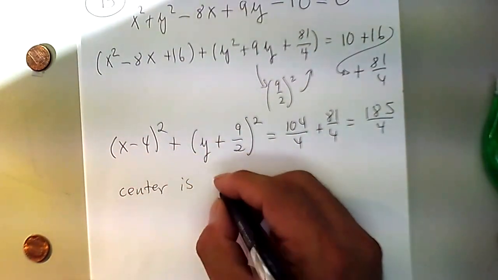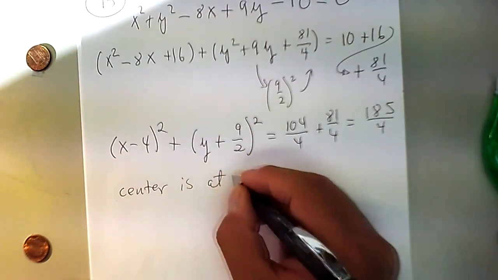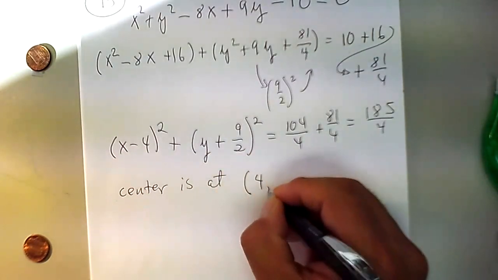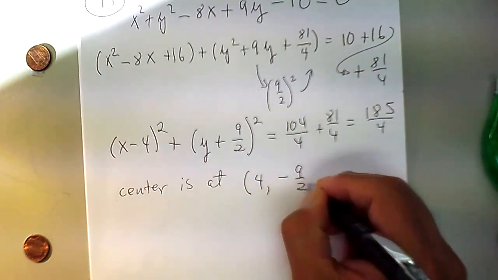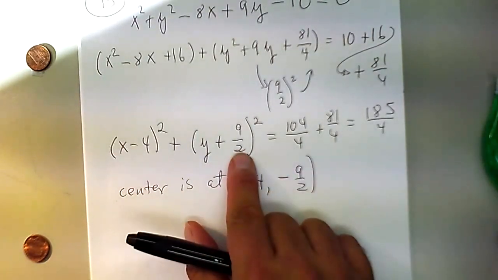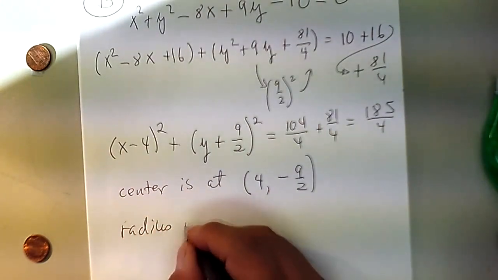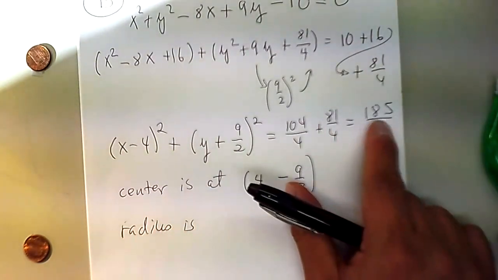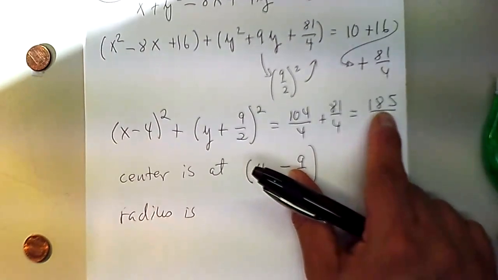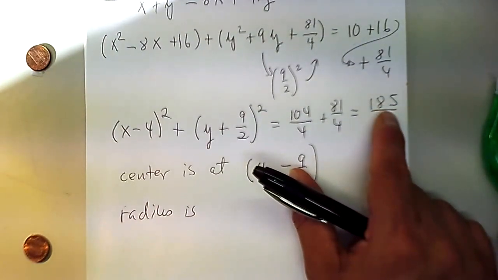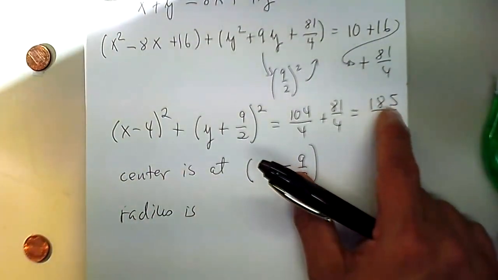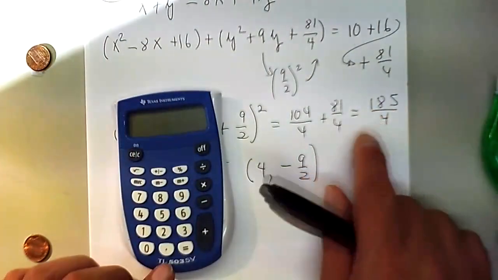Okay, so the center of this circle is at 4 comma negative 9 halves. Watch out for that. And the radius is the square root of 185 over 4. I want to see if I can factor that into a perfect square. I know 5 goes into 185.